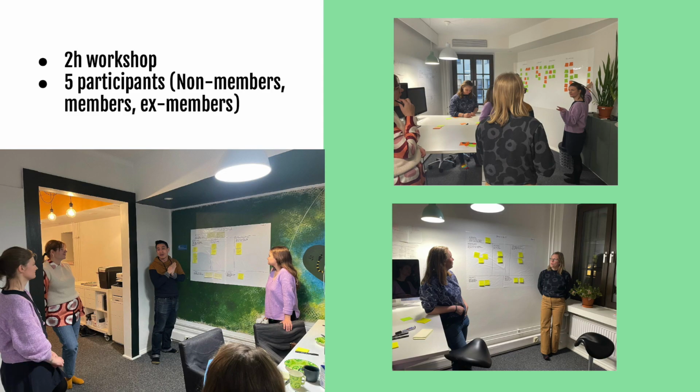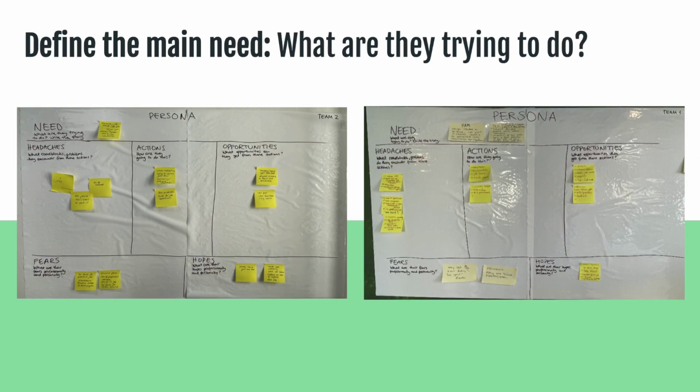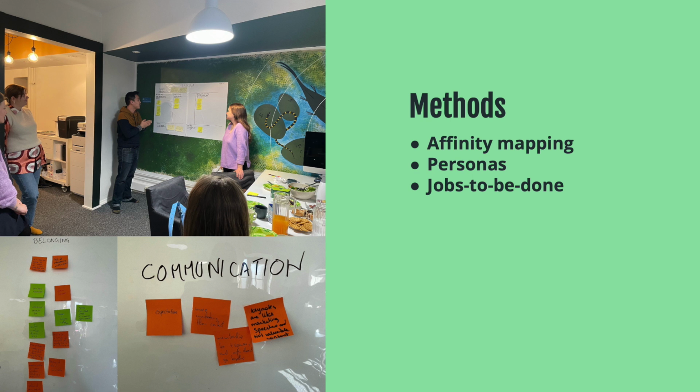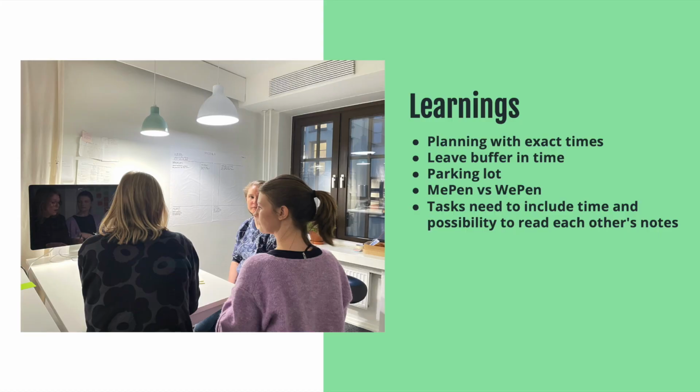For our workshop, we had 5 participants, a mix of non-members, ex-members, and members. Our aim was for our teams to come up with 2 personas, and we could derive kind of a third one from these 2. So we got our outcome.